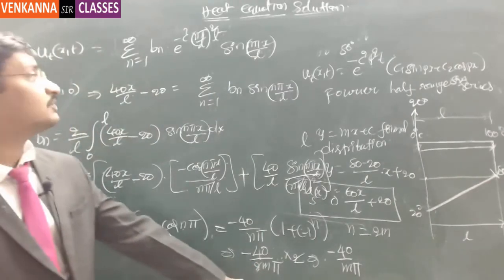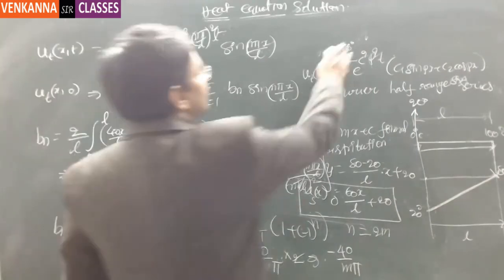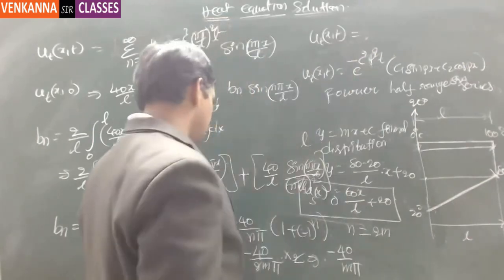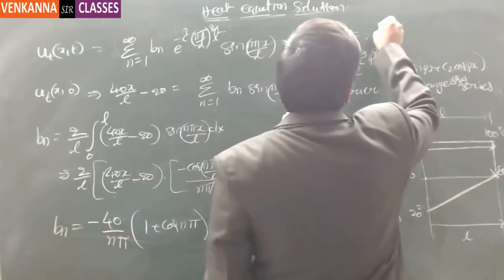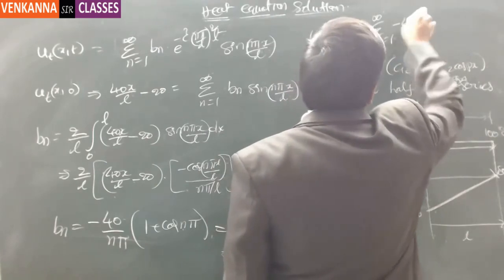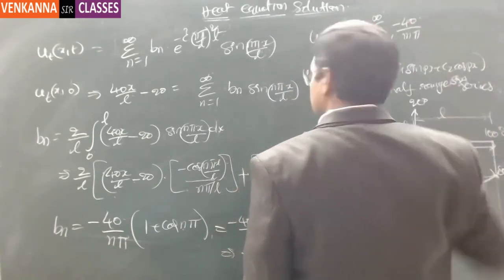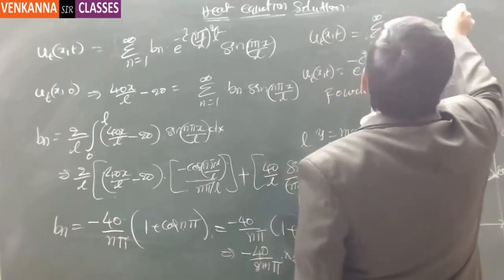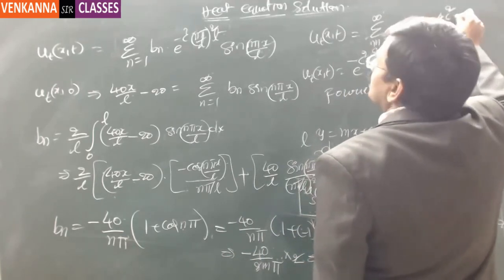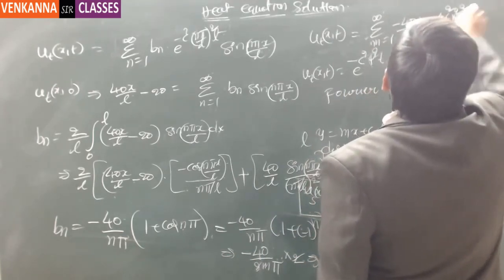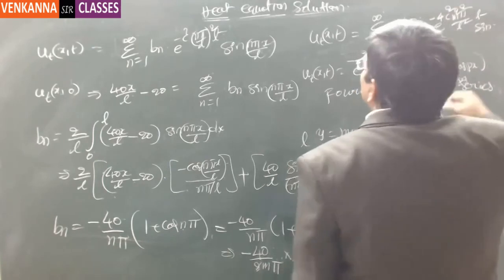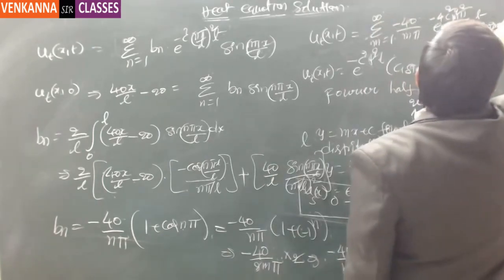Now you just replace this value in the transient solution part of it. That is going to be u_t of x comma t. You are going to get the transient solution as the sum from m equal to 1 to infinity of minus 40 by m pi into e power minus c square, n is 2, that is minus 4 c square m square pi square by l square into t, times sine of 2 m pi x by l.